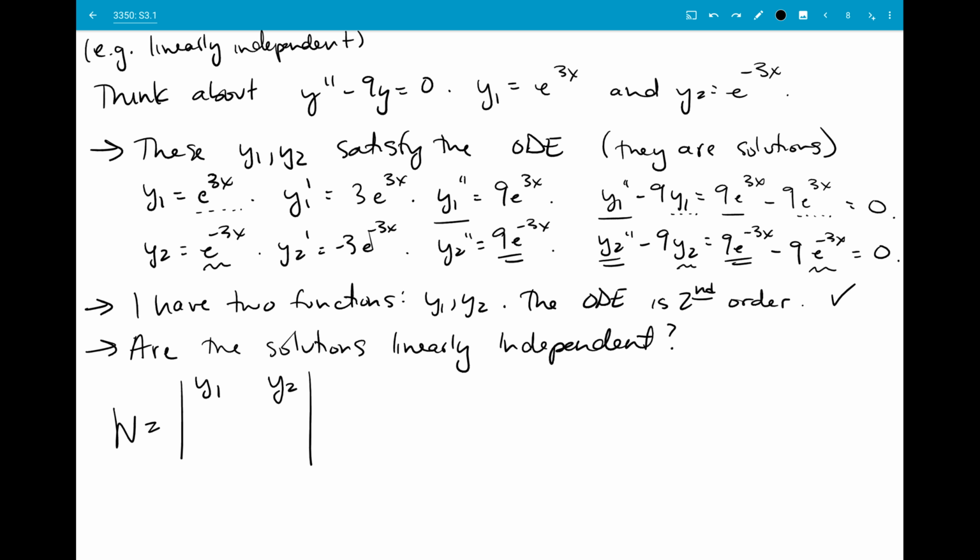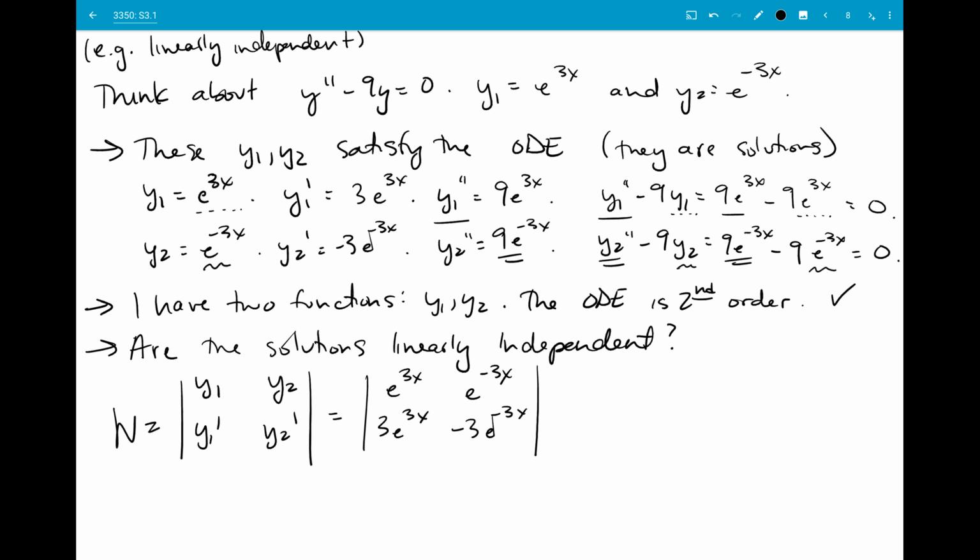That means I need 2 rows. So I just go down taking derivatives. But I already know what y1 and y2 are. They're e to the 3x and e to the minus 3x. And I took their derivatives right here, so I can go ahead and say y1 prime is 3 e to the 3x. y2 prime is minus 3 e to the minus 3x. That's how I fill up my Wronskian.